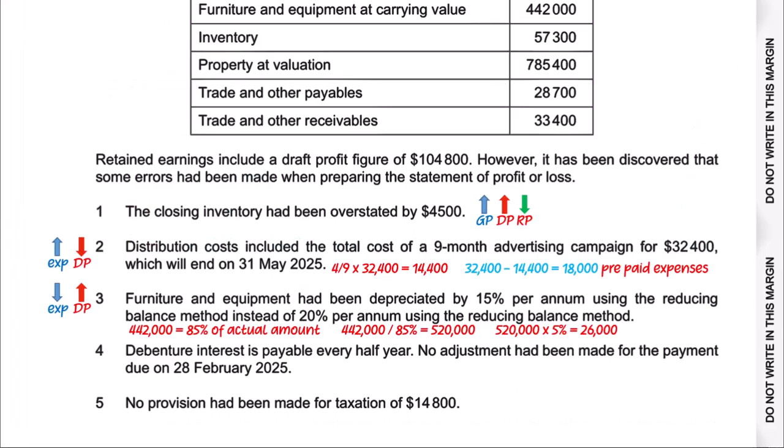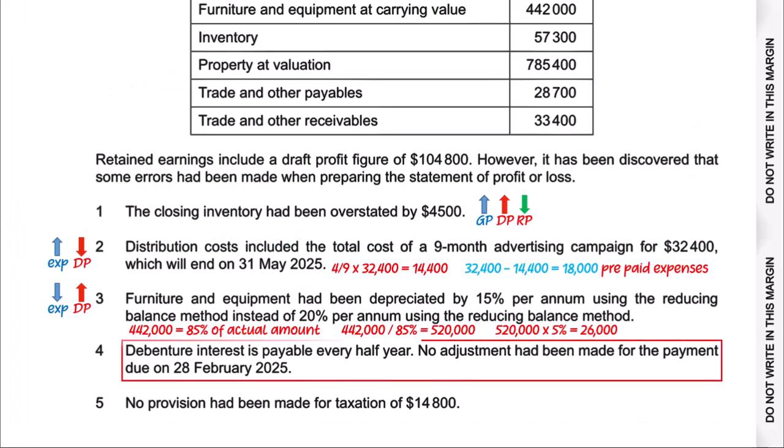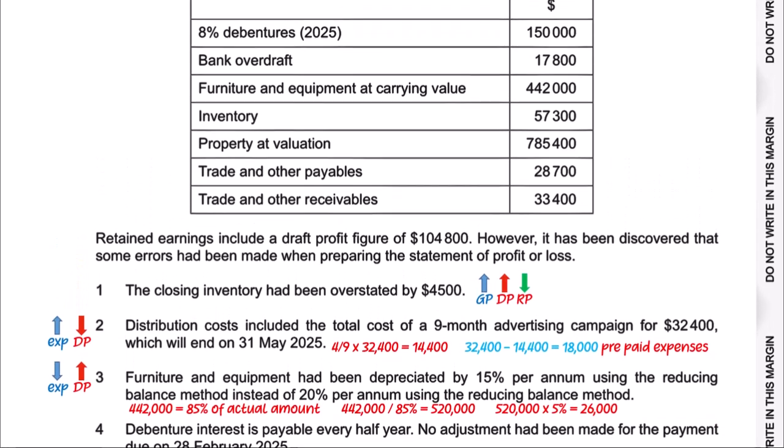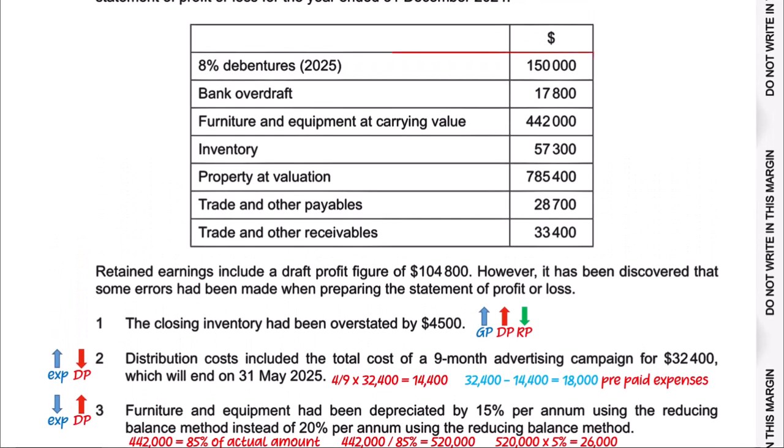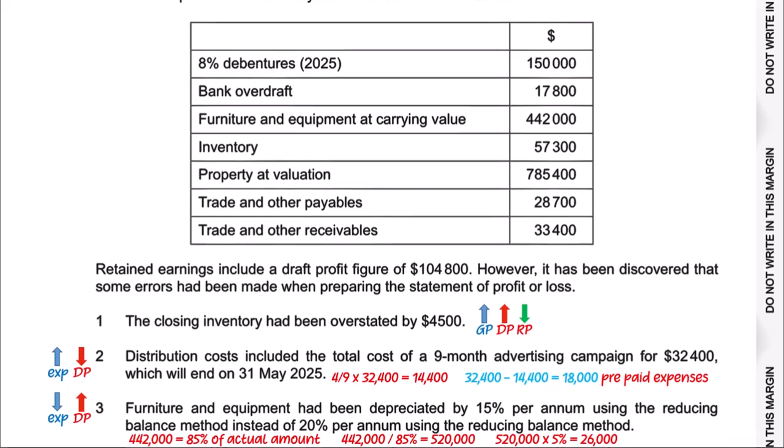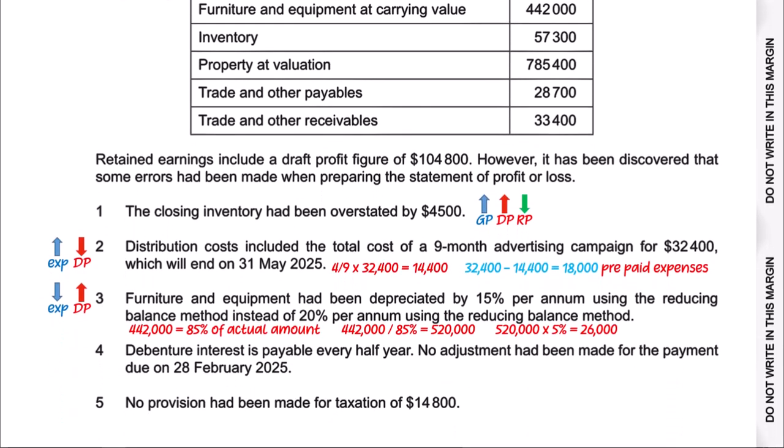Okay. Error number 4 is debenture interest is payable every half year. No adjustment has been made for the payment due on 28th February 2025. Well, interest on debenture is charged at 8%, which means that it is the 8% of 150,000, and that is equal to 12,000.